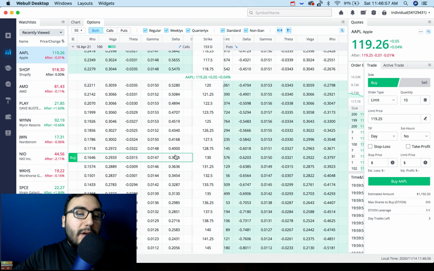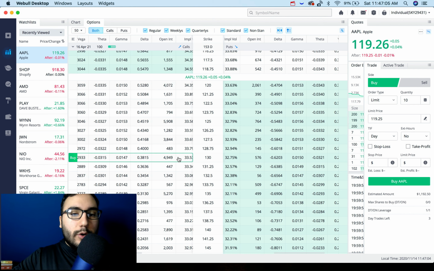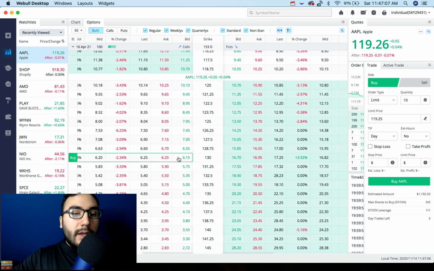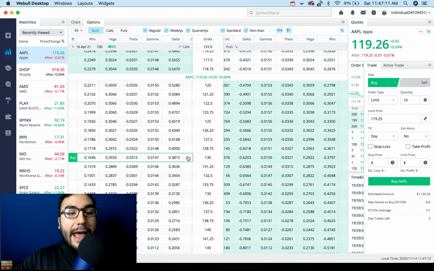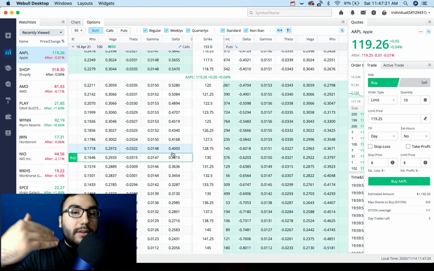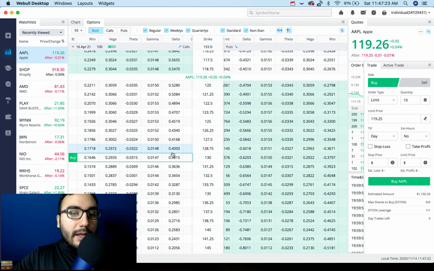You could also multiply the delta by 100 to make it easier, so that's around $38. So if Apple goes from 119 to 120, this premium goes from 615, you add the delta to it, and it's roughly, if I can do the math in my head, about 653. So you're going to add $38 for each dollar the stock goes up.